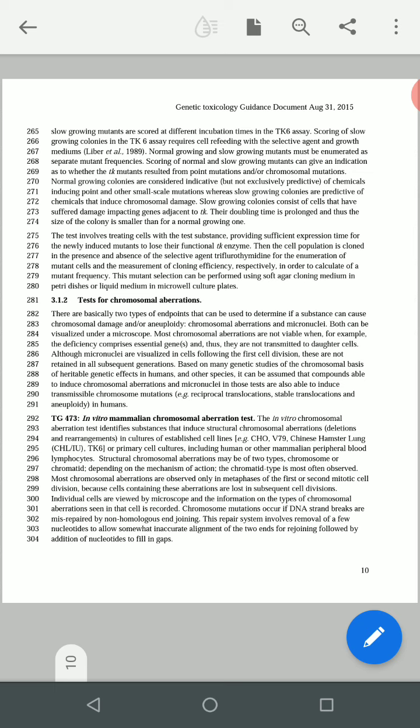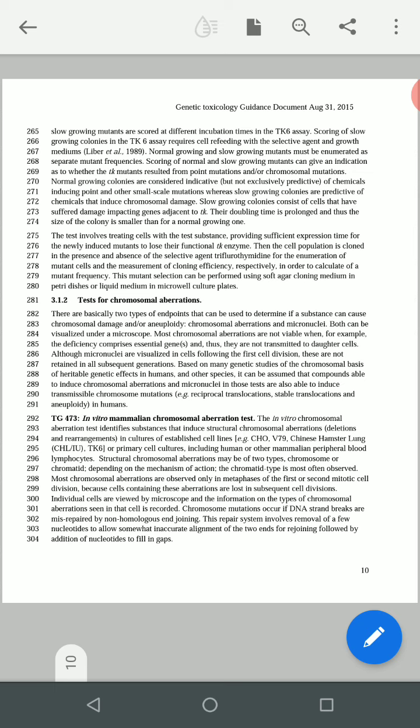The agent which leads to the alteration of the gene structure is called a mutagen. To test whether our test chemical can induce mutation at the level of the gene or not, the bacterial reverse mutation test or Ames test is the predominant test that can be used.